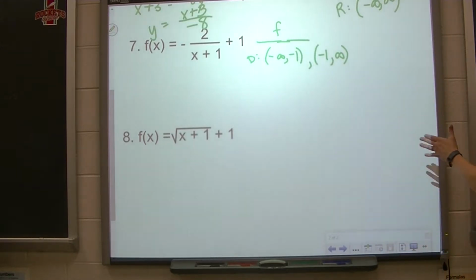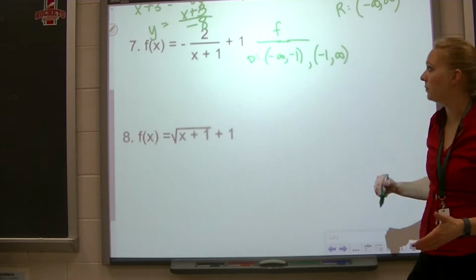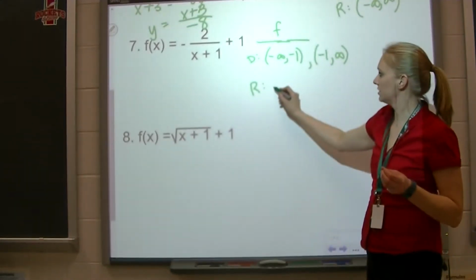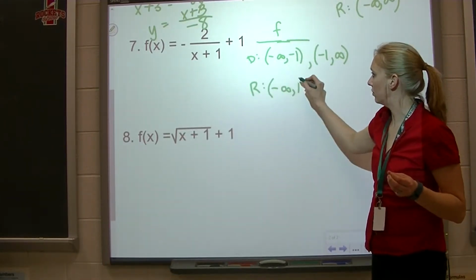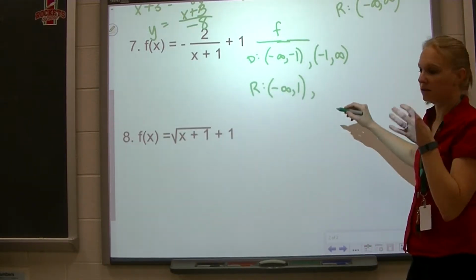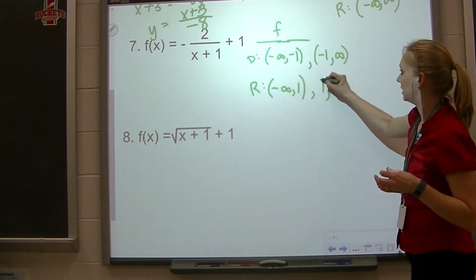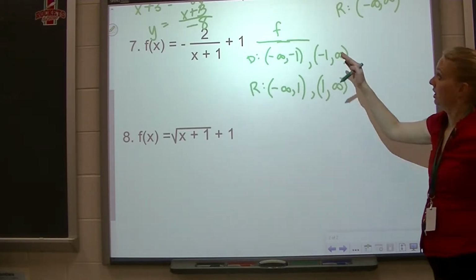Because reading it from left to right, it will encompass every x value except negative 1. And then our range is negative infinity to positive 1. Again, not a bracket there because I'm not including that. And then positive 1 to positive infinity. So that's the domain and range of f.